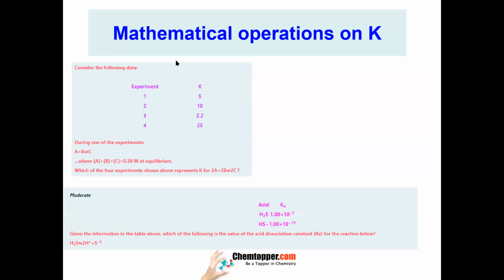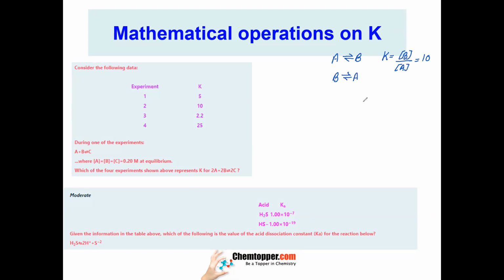So last time we were doing mathematical operations on K. K is the equilibrium constant. Mathematical operation means if there is a reaction A in equilibrium with B, the K expression for this is concentration of B over concentration of A. If the value is 10, if I reverse the equation, what happens?